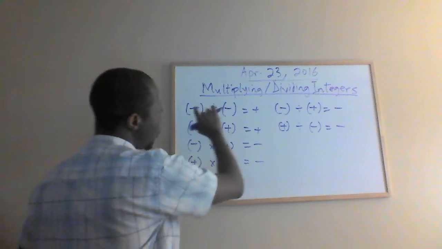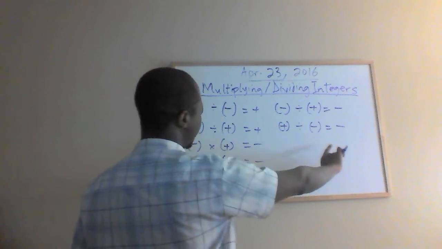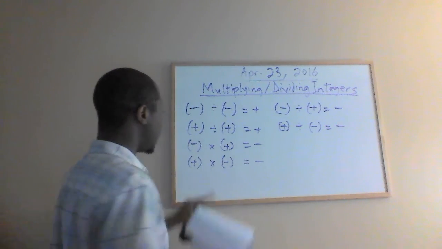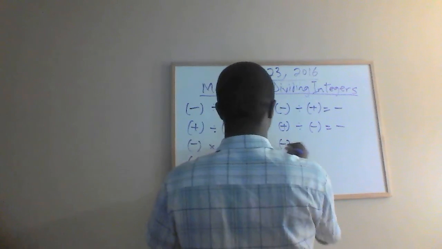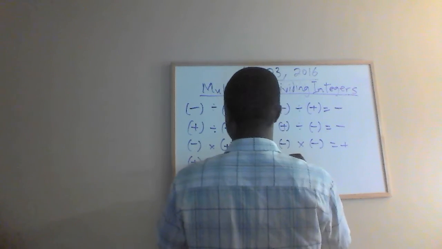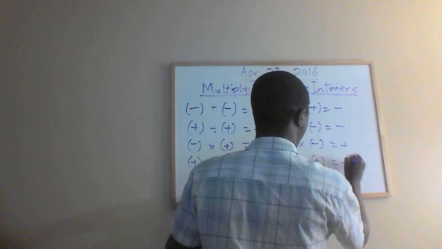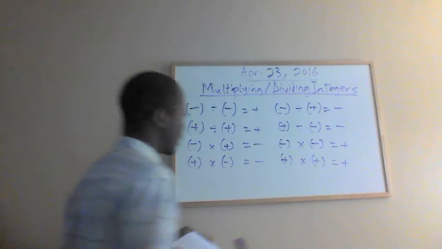So these top four are for division, and the next four will be for multiplication. Negative times negative is positive, and positive times positive is positive.